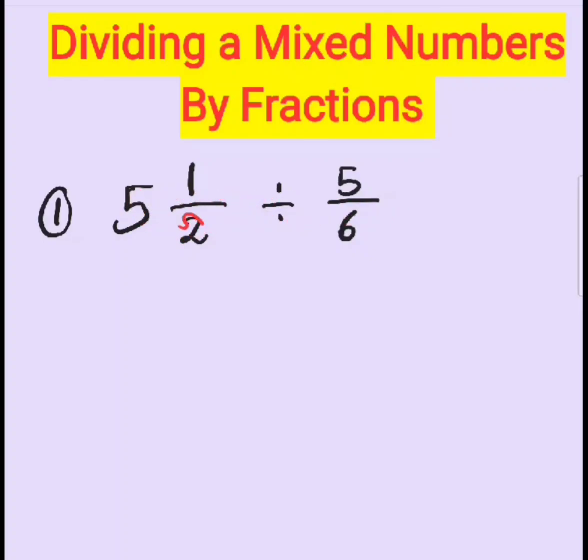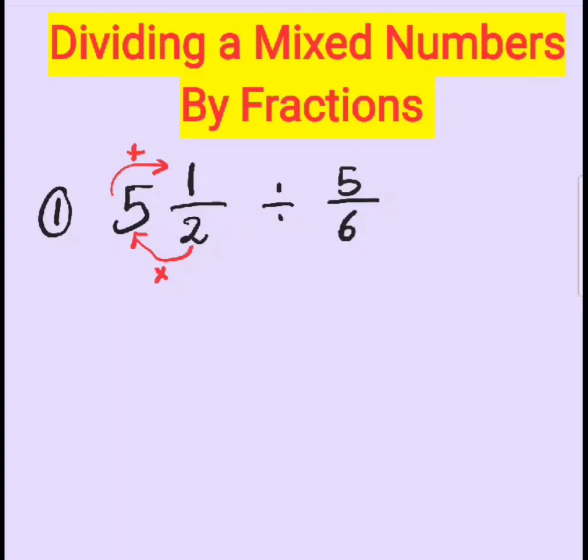So the first thing we want to do is change any mixed numbers to improper fractions. That way we just have a numerator, a top number, and a denominator, a bottom number. So we'll start with 5½ here, changing it to an improper fraction. We'll start at the bottom and work our way to the top.